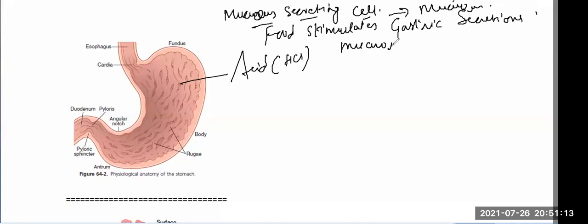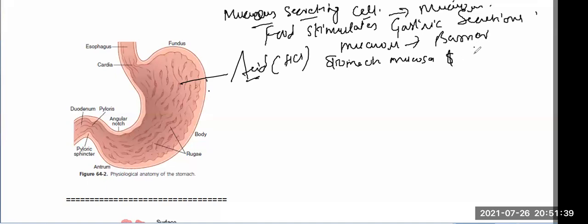Now, what does this mucus do? This mucus inside the stomach will form a barrier between the acid and the wall, the stomach mucosa. Mucosa is the layer of the stomach which is in direct contact with the contents of the stomach.